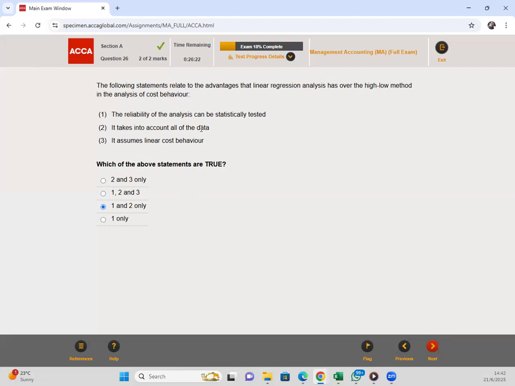I'm thinking both assume the same. Even in the high-low method, the cost behavior is a linear relationship. So if we are looking at the advantages that linear regression has over the high-low method, it must be something that is not also there for the high-low method, of which they both assume.